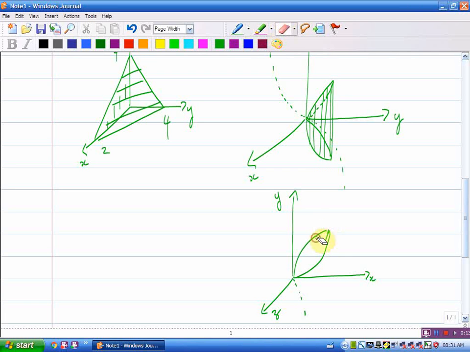Let me draw that a little bit differently. It'd come out like this and have some sort of cross-section over there.